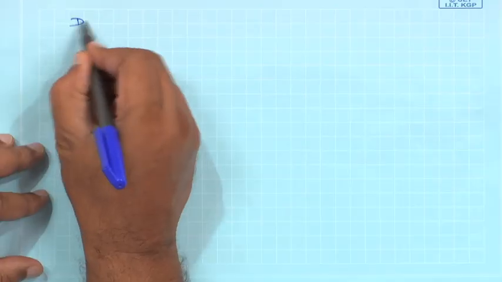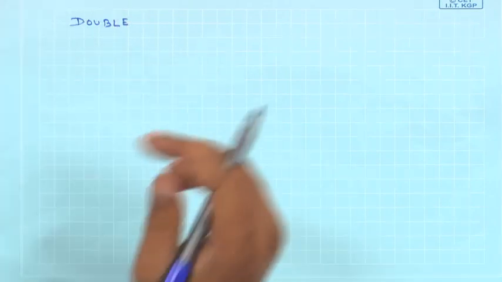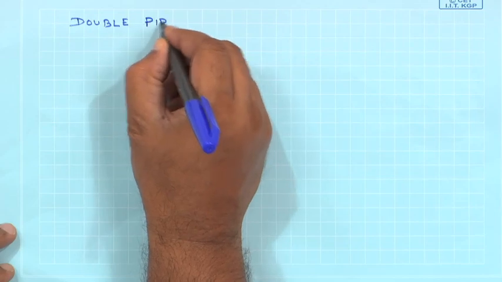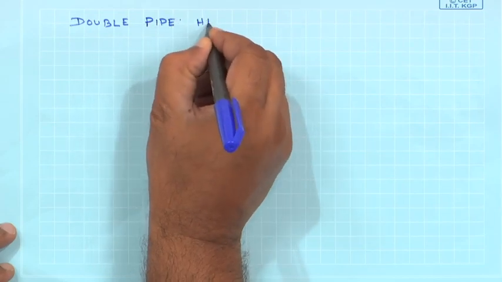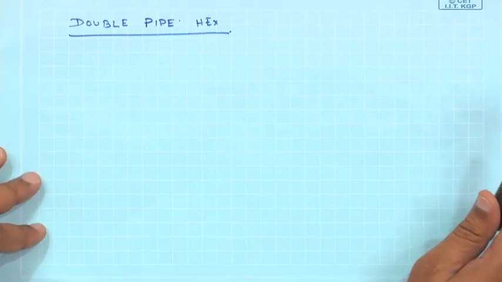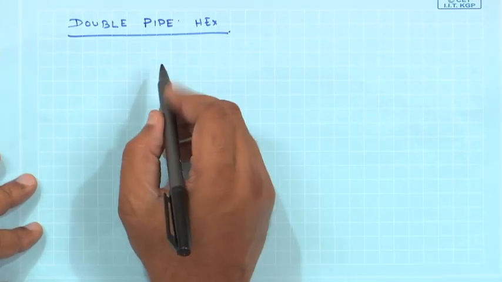So, let us first draw a picture of the double pipe heat exchangers. As I said, the length could be between 12, 15 and 20 feet.